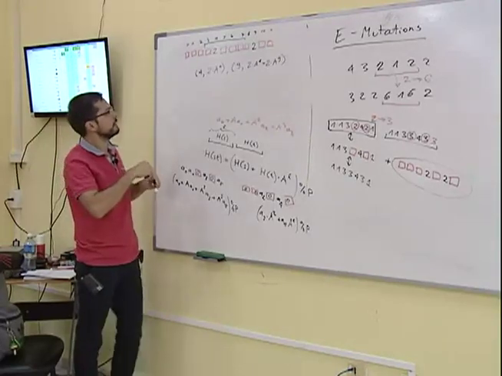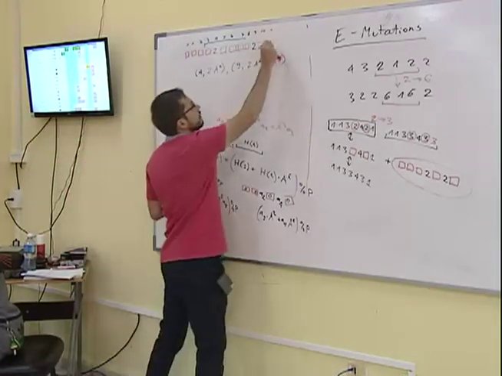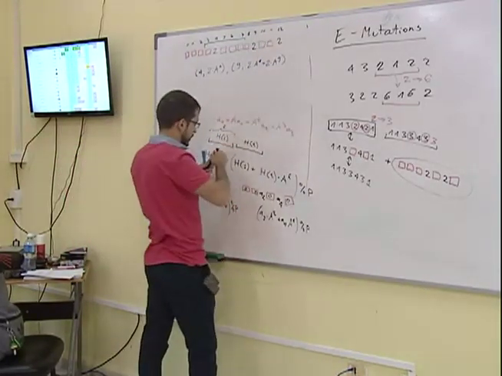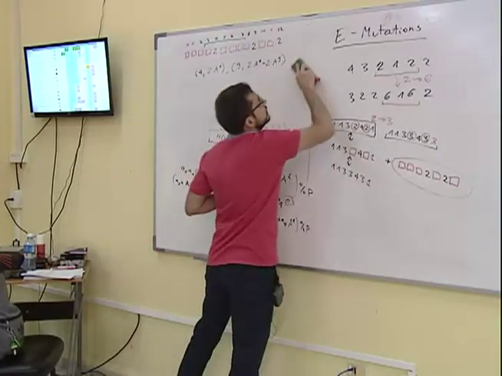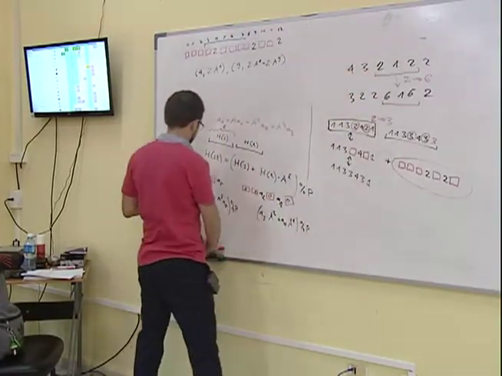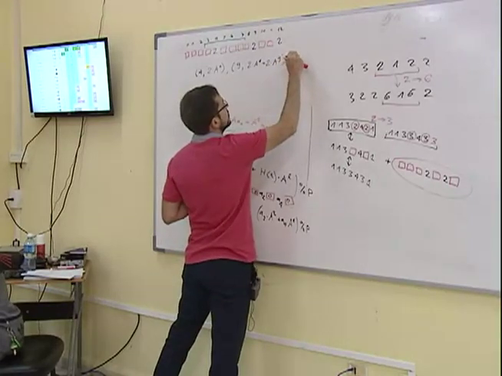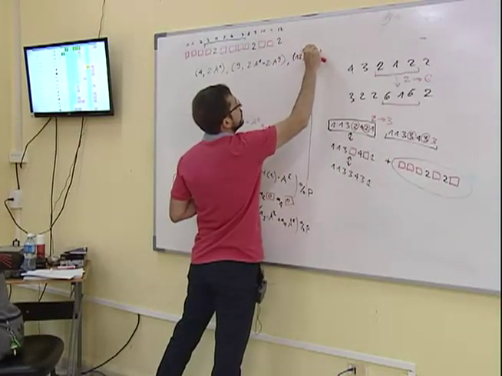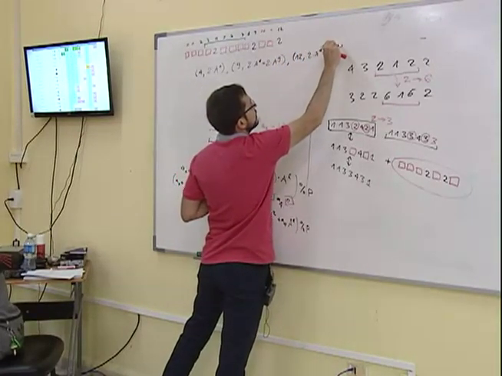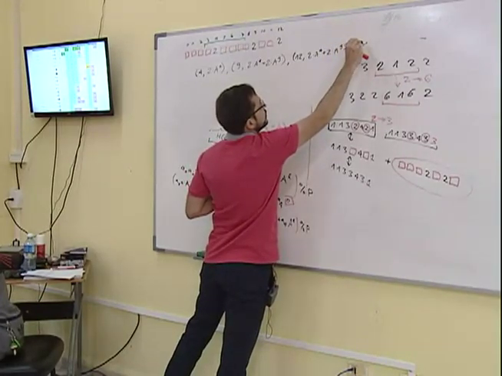If I have 2 on position 12, then I will have a third pair. So at position 12 we will have a to the 4 plus a to the 9 plus a to the 12.